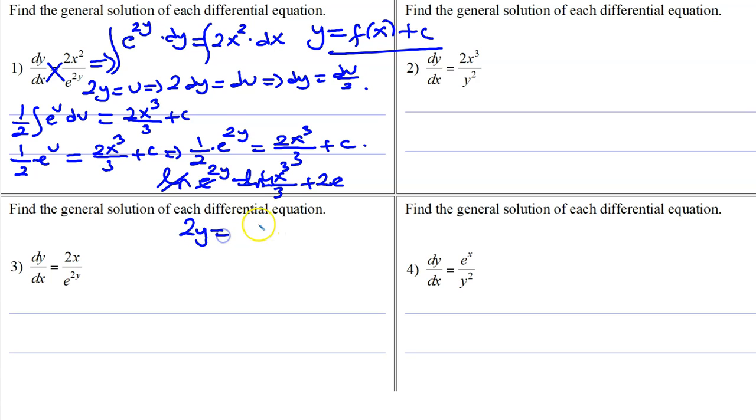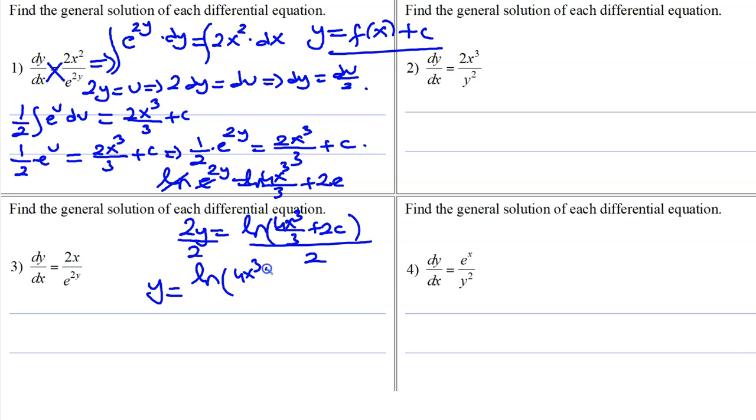2y equals natural log of 4x cubed over 3 plus 2c. Then as a last operation, I'm going to divide each side by 2. So y is equal to natural log of 4x cubed over 3 plus 2c, divided by 2.